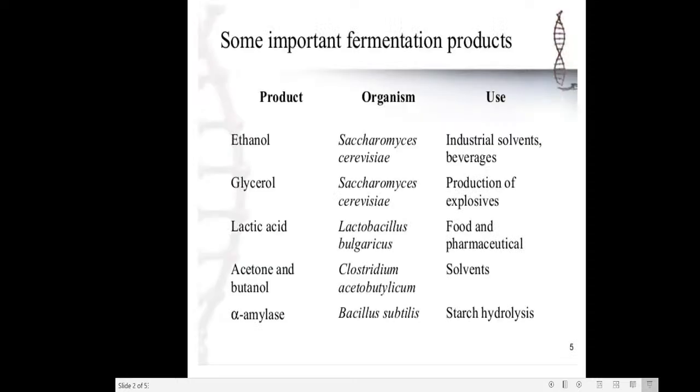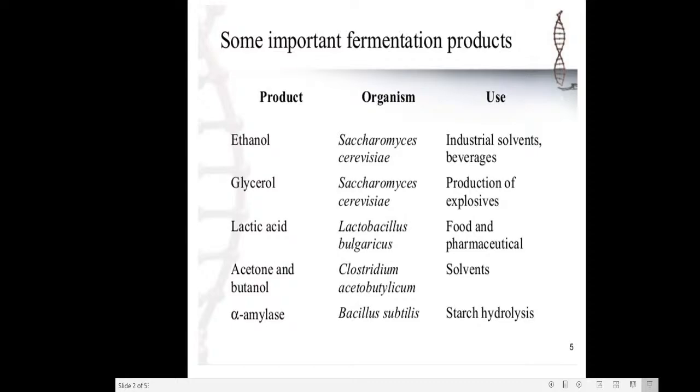Fermentation is the most widely used application. In day-to-day life we face fermentation in normal curd production, and apart from that, many industries are producing fermentation products.